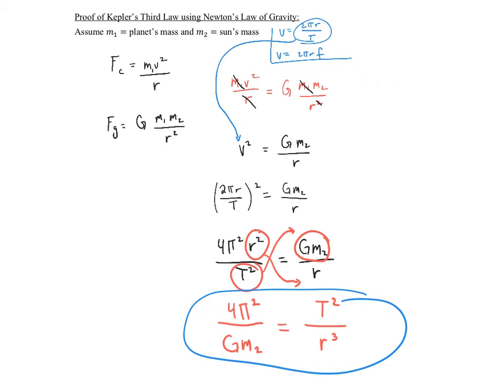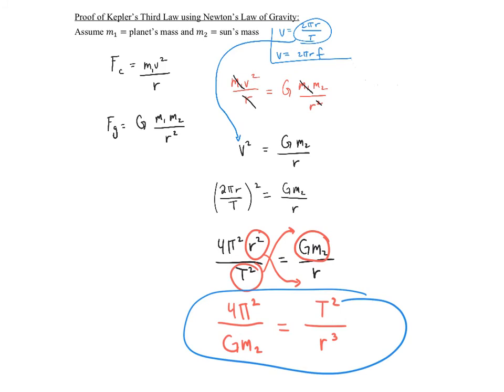M2 was what? The sun's mass. A constant. What's G? The universal gravitational constant. So the point is that T squared over R cubed turns out to be this formula. Well, this number here is really just 1 in terms of astronomical units and years, or it's that other number we had a couple slides back, 2.9 times 10 to the negative 19 in seconds squared per cubic meters.